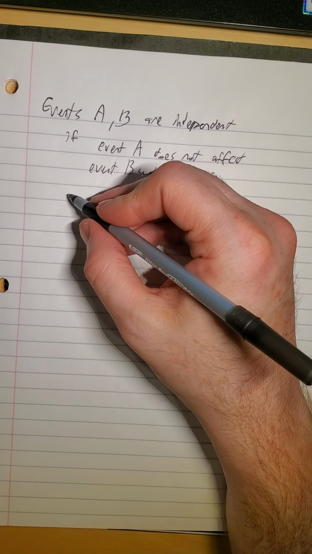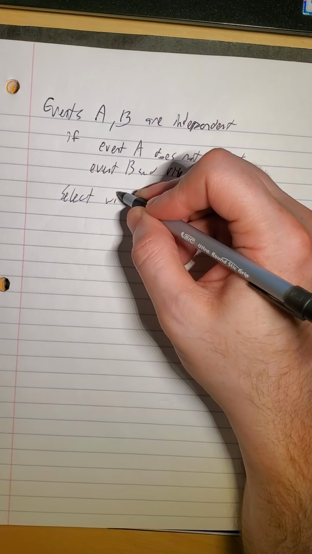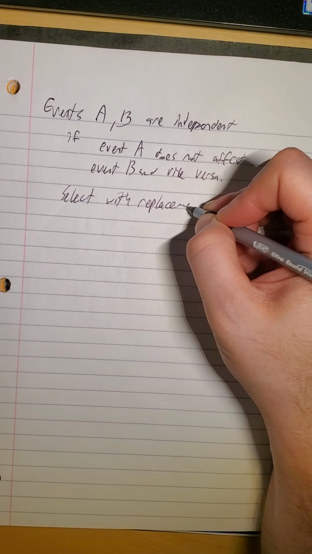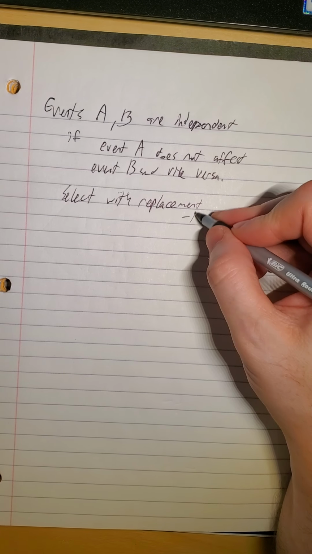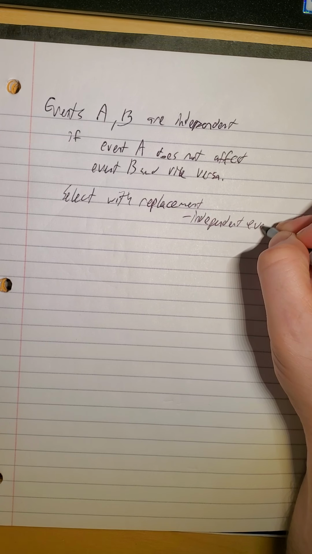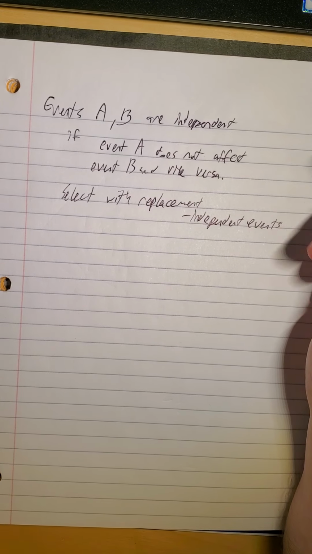So for example, when we were selecting with replacement, those were independent events. If I pulled the king out the first time and I put it back and shuffled it again, I'm just as likely to select a king the next time.